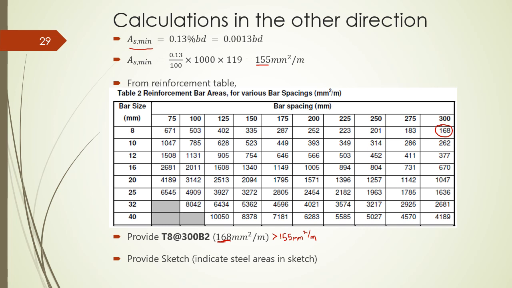We could then go ahead and provide a sketch. So for example, if this was our slab, this is 3.8 meters. This was the longer side, 10 meters. I will have to provide reinforcement in the main direction, which we had said was T8 at 300 bottom 1.